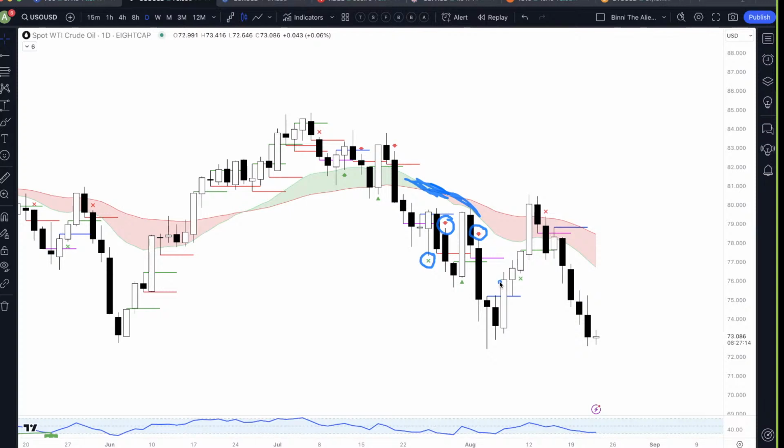Next, what's the color here in terms of moving average? Red or green? Then should you trust a buy signal or should you be looking for a sell signal? What happened is that you look at this buy signal.